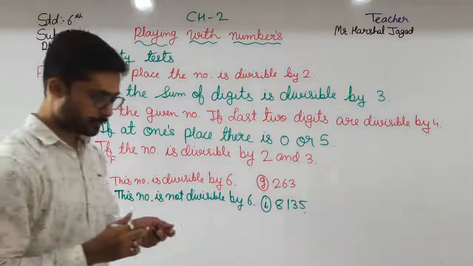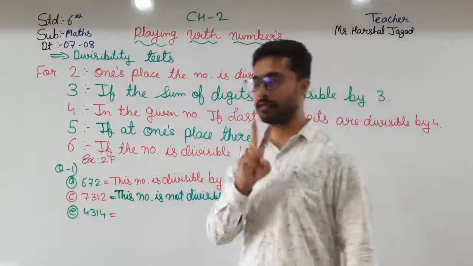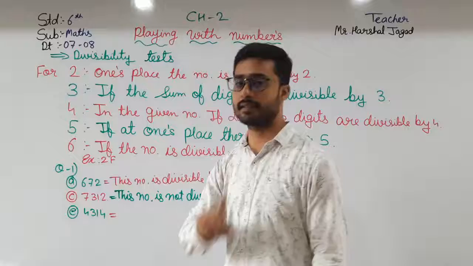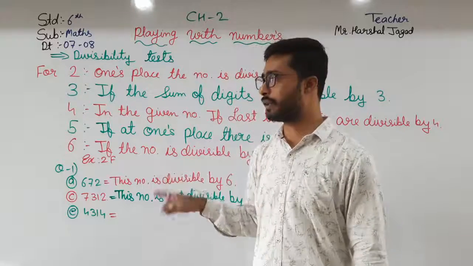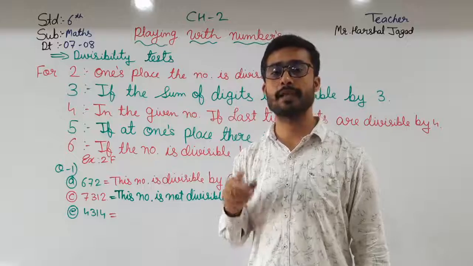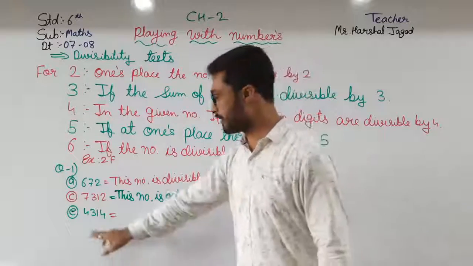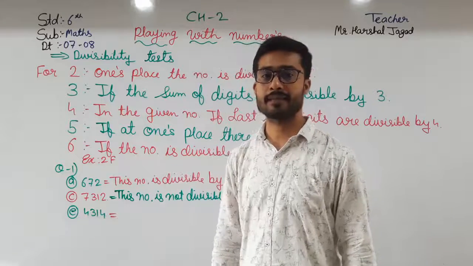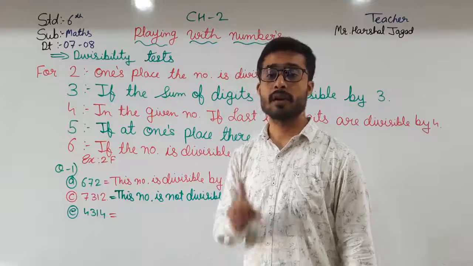Okay, moving towards next. Here also you can see, first of all, satisfying the divisibility test of 2. Here it is 4. Yes, this number is divisible by 2. Why? Because for 2 at one's place there should be 0, 2, 4, 6, 8. Okay, now checking for 3. So here 4 plus 3, 7. 7 plus 1, 8. 8 plus 4, 12.